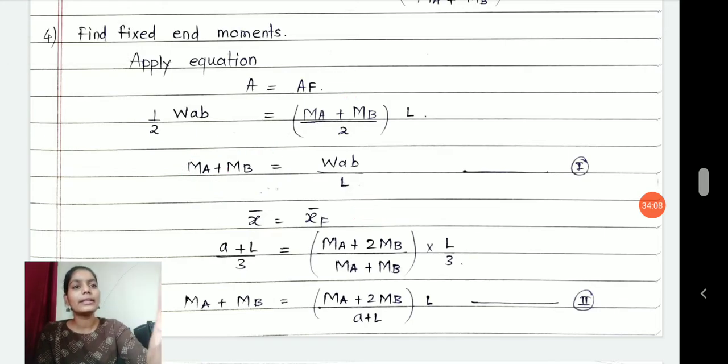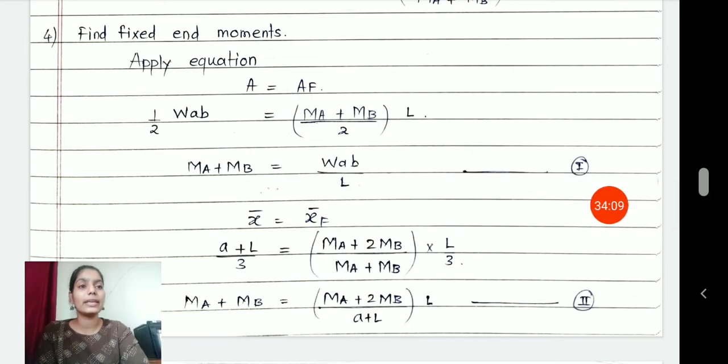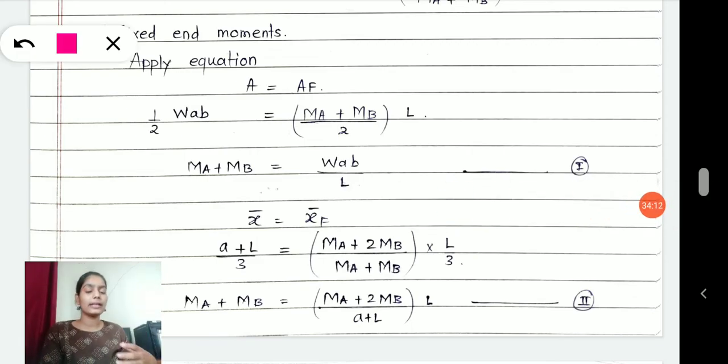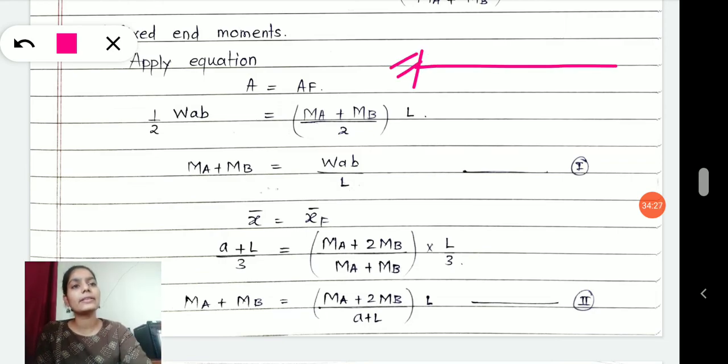Now the concept is why we are analyzing the fixed beam with the strain energy method. I am analyzing it by the strain energy method, because separate compatibility equations are required to analyze a fixed beam. See, this is my fixed beam, and it comes with a number of unknowns.